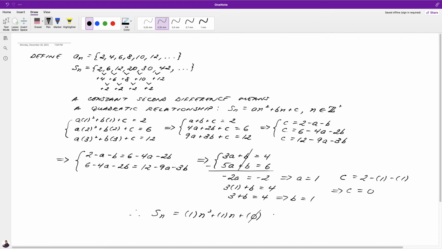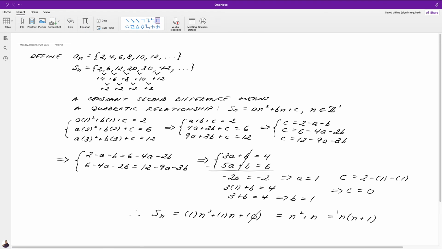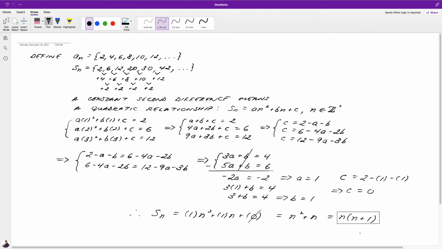Clearly the 0 doesn't matter. And what do we got? We've got n squared plus n, which is sometimes expressed as n times the quantity n plus 1. There you go. A formula for the sum of the first n positive even numbers.